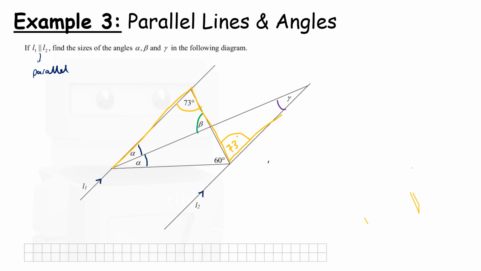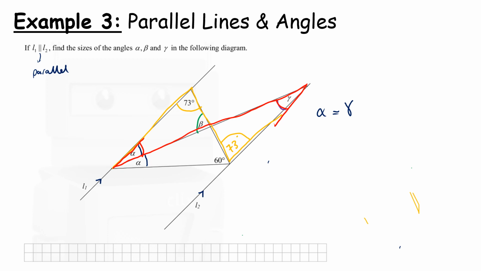Be careful here because there are a few transversals happening. It is easy for us to kind of get a little bit lost with it. So now I'm going to work with another Z. So from here I've actually discovered that alpha equals gamma. Okay, so whatever I get for either of them, I'll have the other straight off.